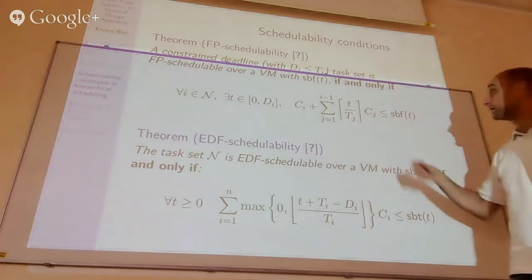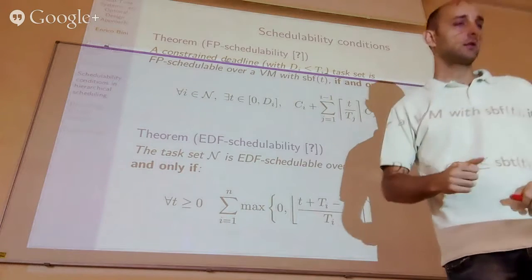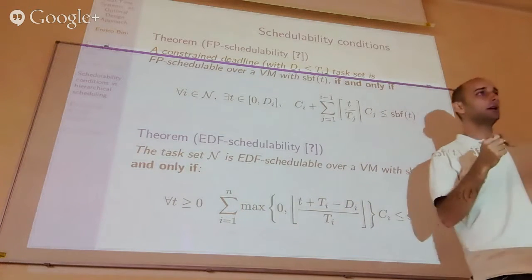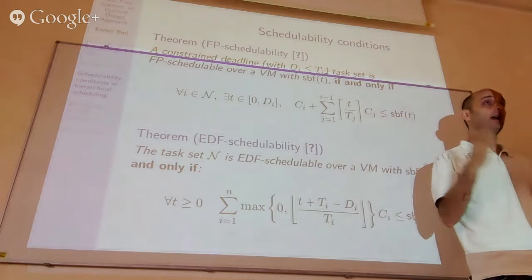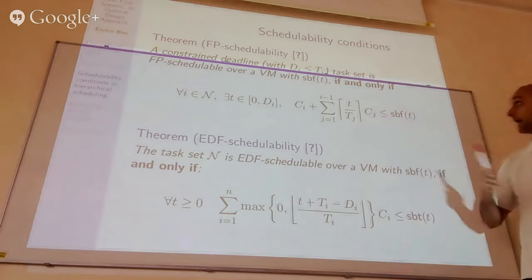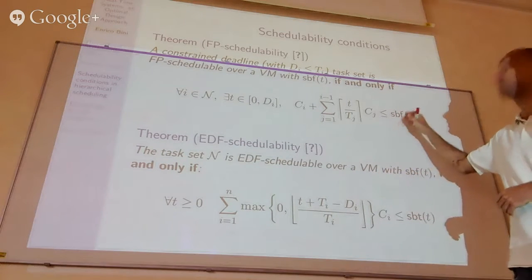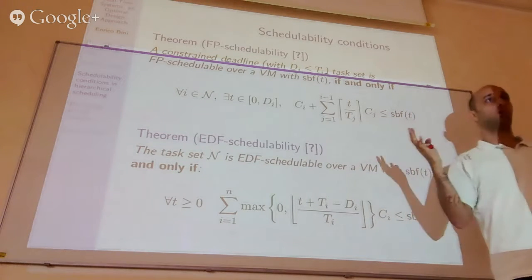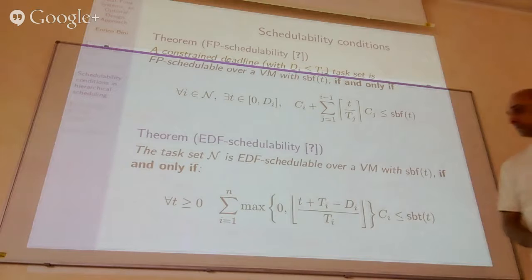Here in the fixed priority condition, where you have the processor available, you have t, because t is the amount of time that you have available up to t. Now, since the amount of time available up to t is not t but SBF of t, we just write SBF of t on the right-hand side.